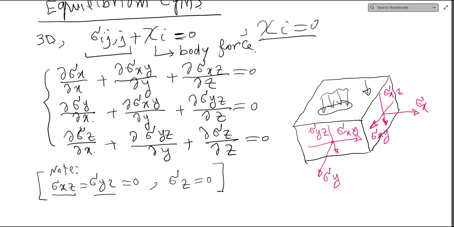So sigma xz and sigma yz, these two are transverse shear. And sigma z, which is the normal, maybe I show this in a different color here. If you want to define, sigma z is this stress.